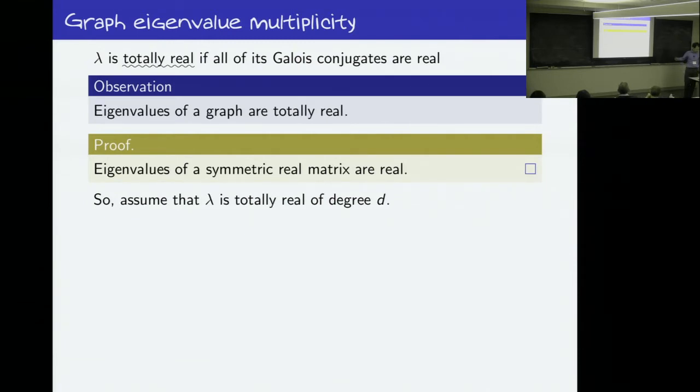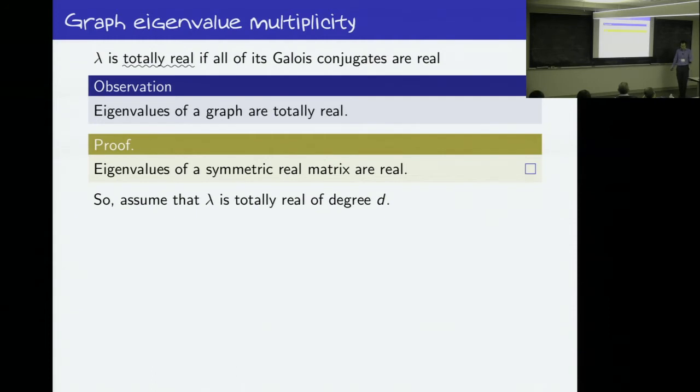Okay. So I wanted to mention what happens for graphs. For graphs, again, the issue is that the matrix has to be symmetric, and so the companion matrix is not symmetric, and of course you need an additional condition. It's not true that you can get any algebraic number, because the eigenvalues of a symmetric real matrix are real numbers.